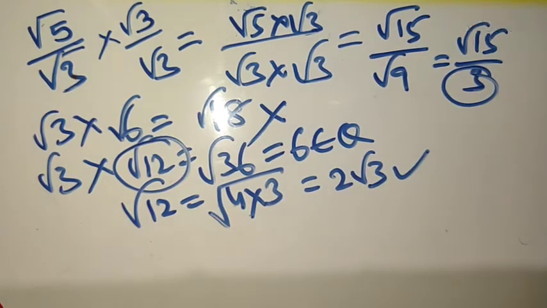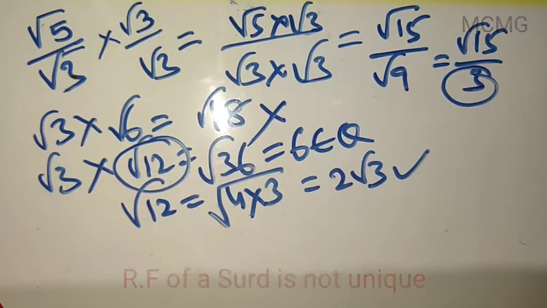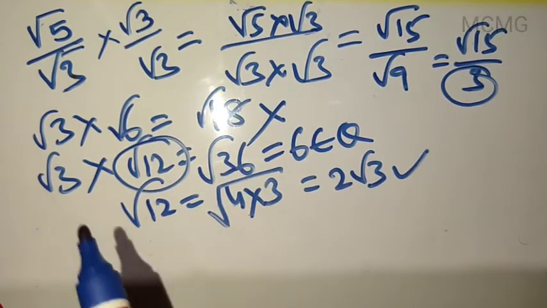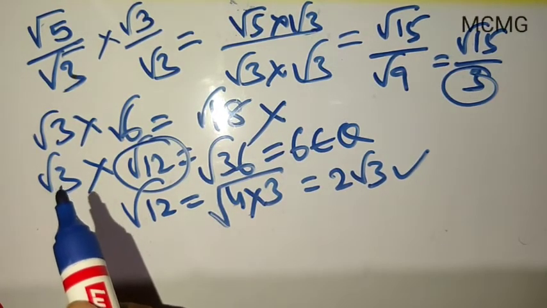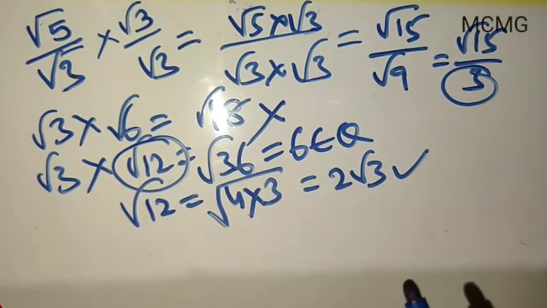So we can conclude that a surd has infinite number of RFs. Okay, RF is not unique. It is infinite. So the RF of root 3 is not only root 3, but 2 root 3, 3 root 3, 4 root 3, like this.